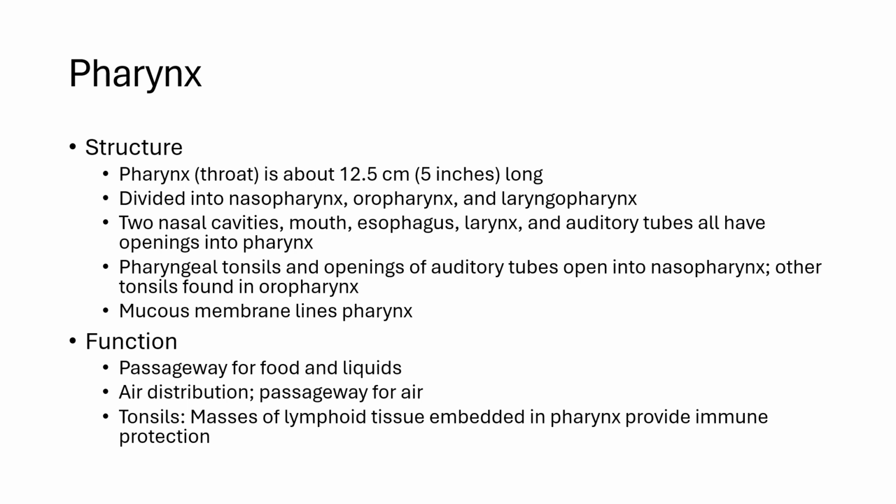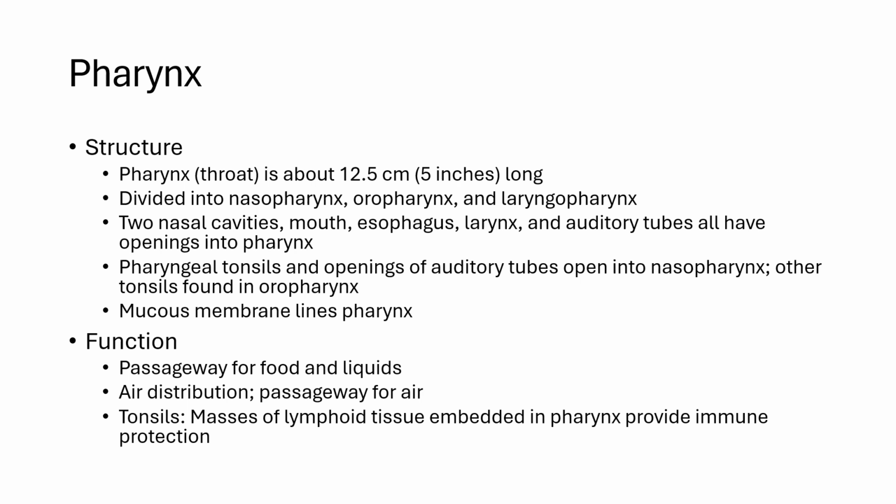The pharyngeal tonsils and the openings of the auditory tubes open into the nasopharynx. Other tonsils are found in the oropharynx. And once again, we've got those mucous membranes that line the pharynx. The main functions are a passageway for foods and liquids, air distribution, so a passageway for air, and tonsils, which are these masses of lymph node tissue embedded in the pharynx that provide immune protection.